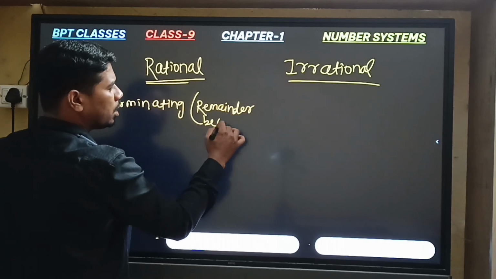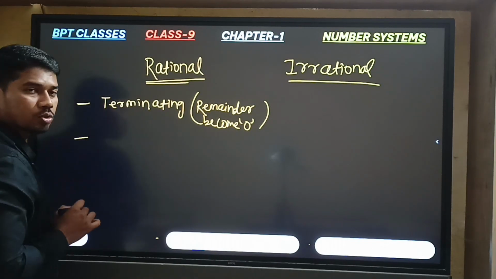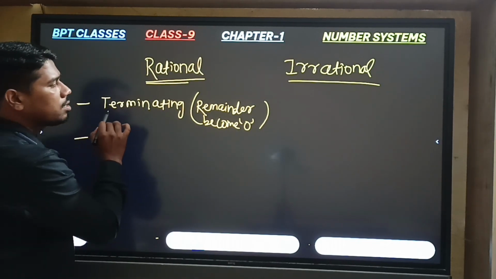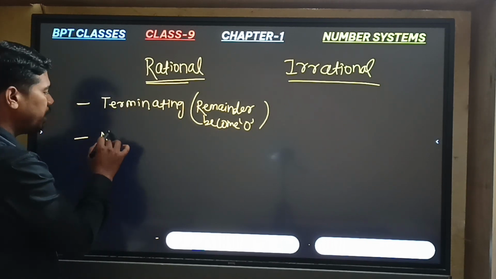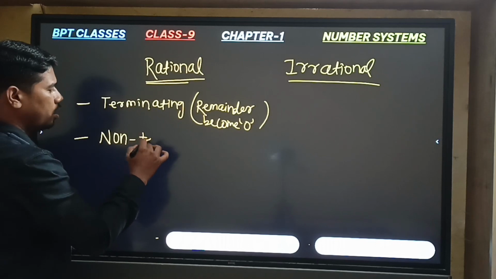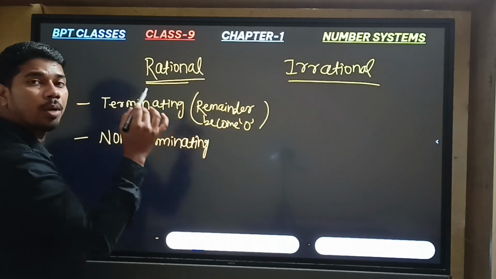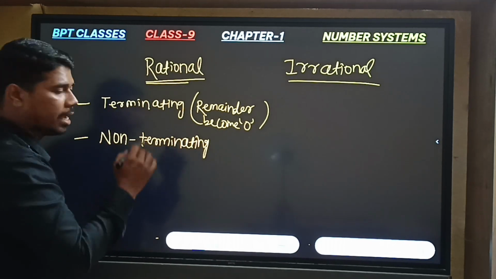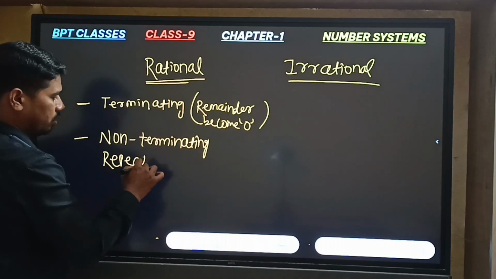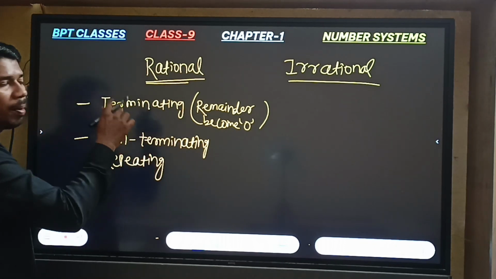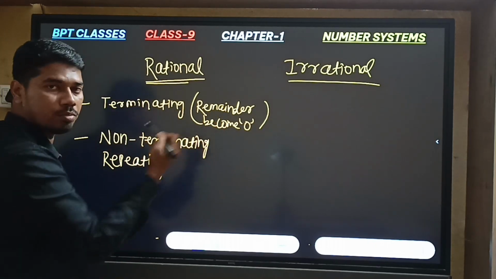And another one is non-terminating, that means it is not terminating, but whatever value comes in the quotient must be repeating. So the two properties are terminating and non-terminating repeating.